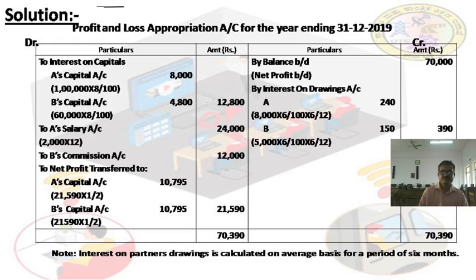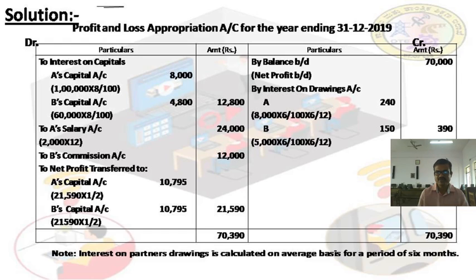The next information given in the problem is that A is entitled to receive a monthly salary of rupees 2,000. It means to A's salary, that should appear again on the debit side of the profit and loss appropriation account, to A's salary account. So write in bracket 2,000.